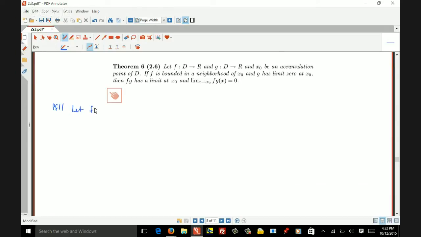First sentence. And then the accumulation point.